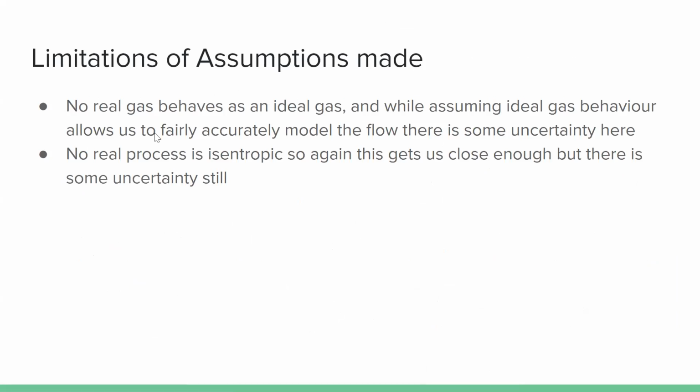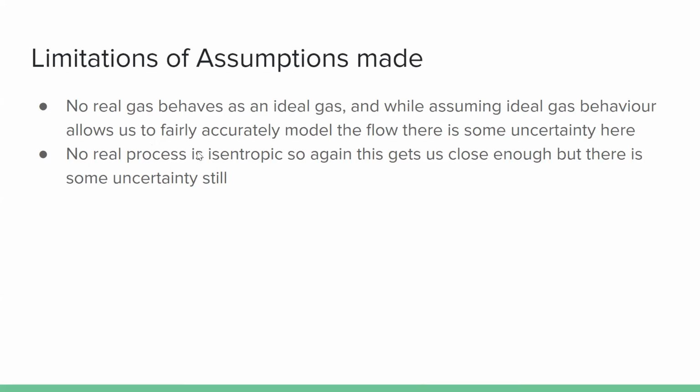But no real gases behave ideally. We can use this to get close enough and usually make it work, but there is still some uncertainty there. It's not going to behave exactly as the math says.